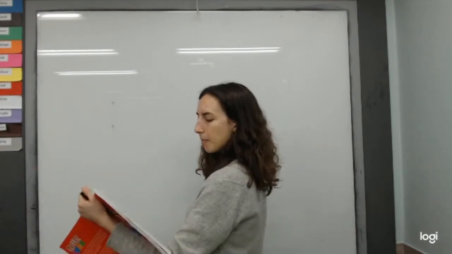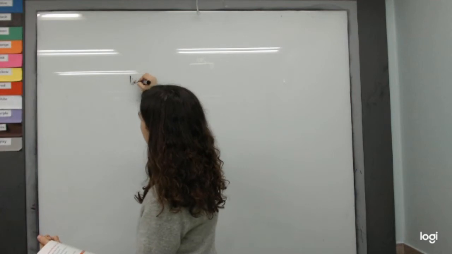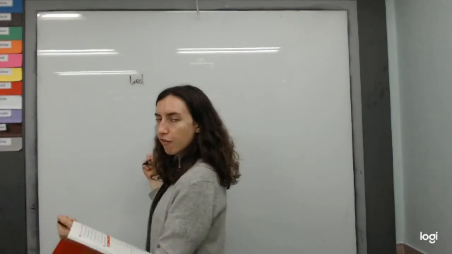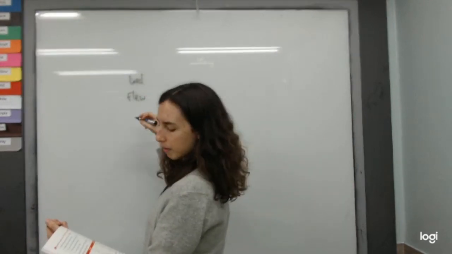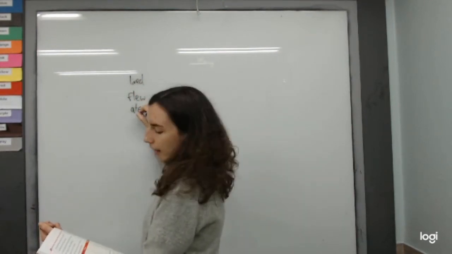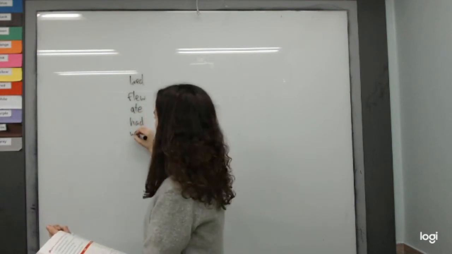So, next part, we have to remember the past tense version of verbs. So the first one is lived. Past tense of fly is flew. Past tense of eat is ate. Have is had. Walk is walked.